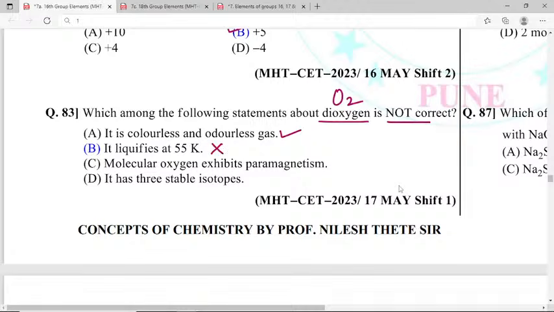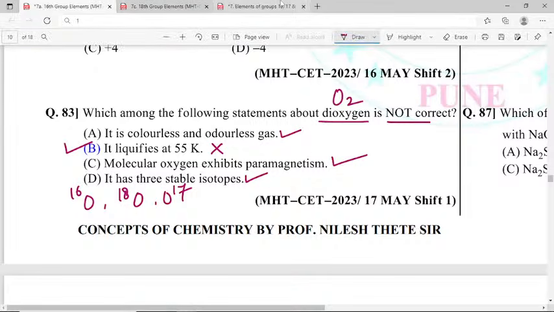No, it is incorrect. Molecular oxygen exhibits paramagnetism. Correct. It has 3 stable isotopes: oxygen 16, 17, 18.